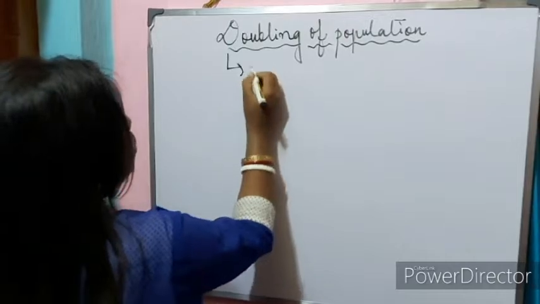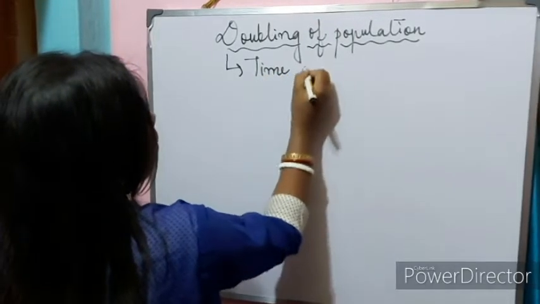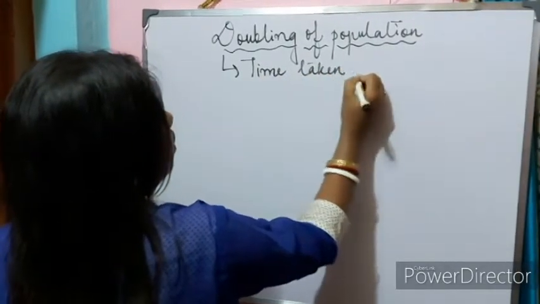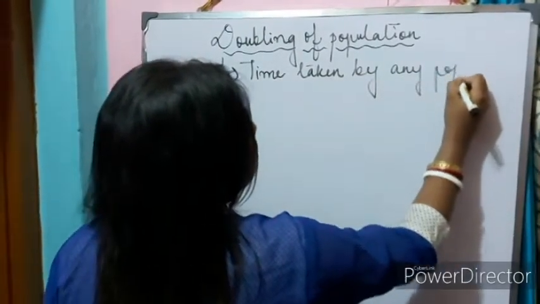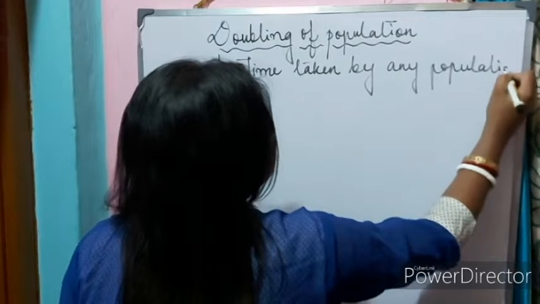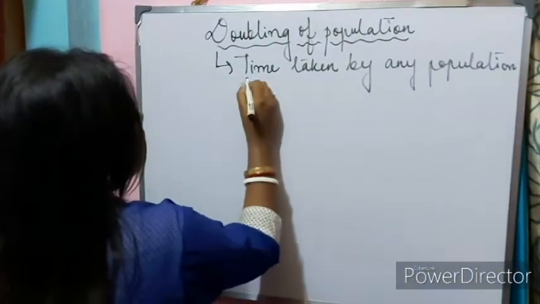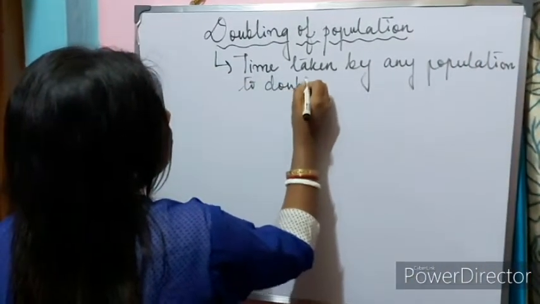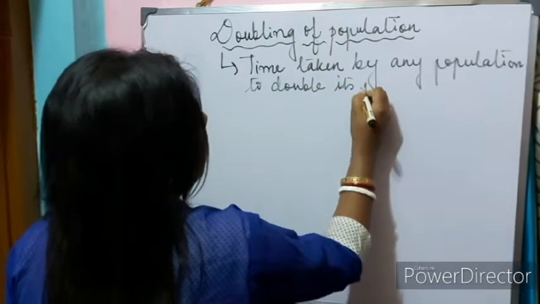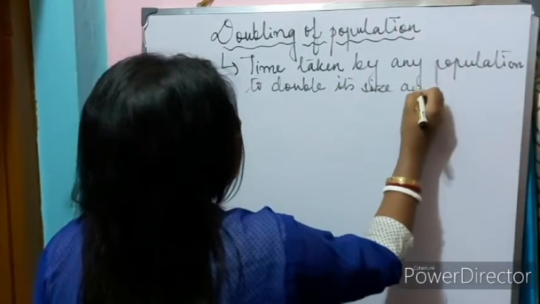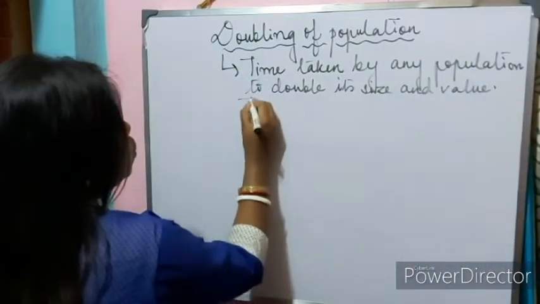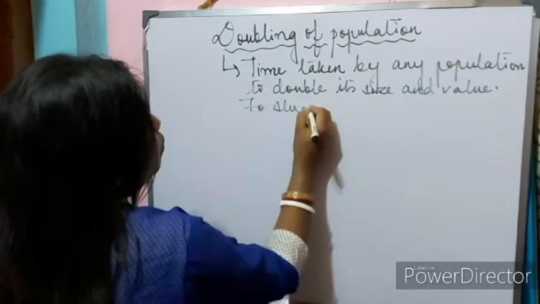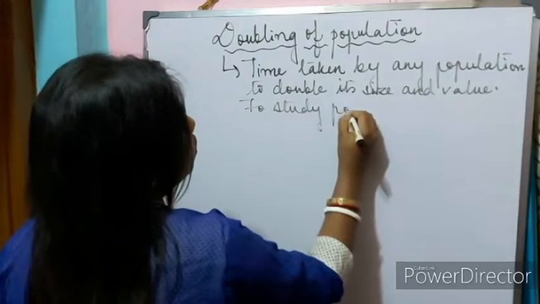Now what is doubling of population? Doubling of population means the time taken by any population to double its size and value. It is very important to study population growth.